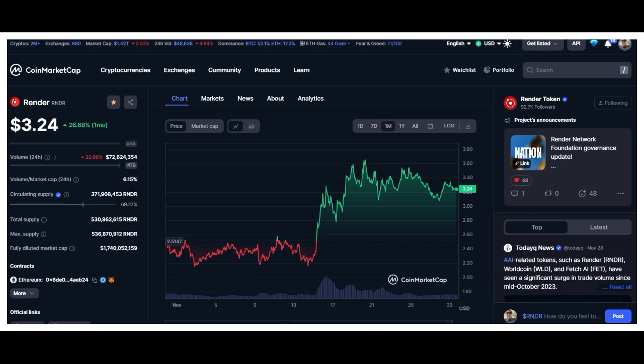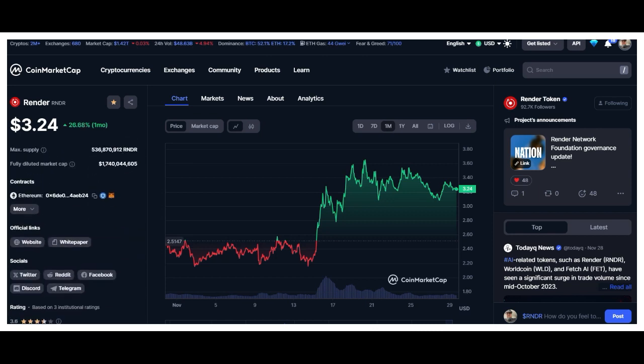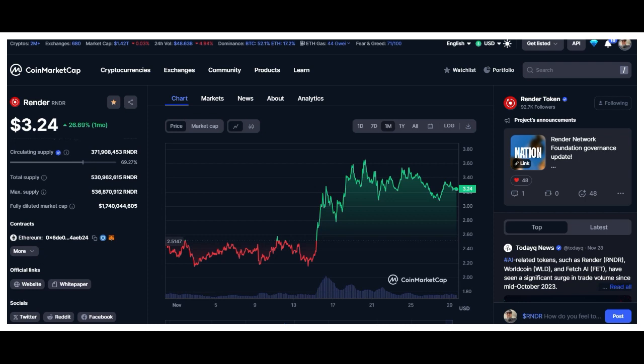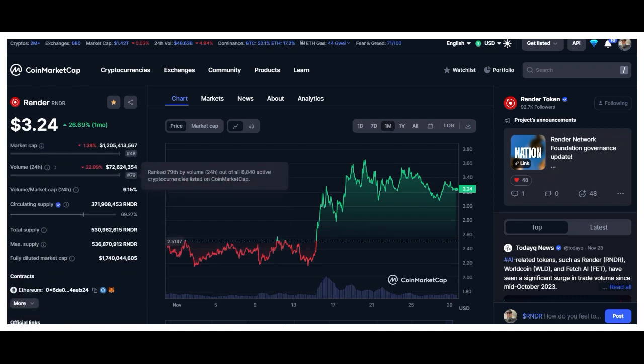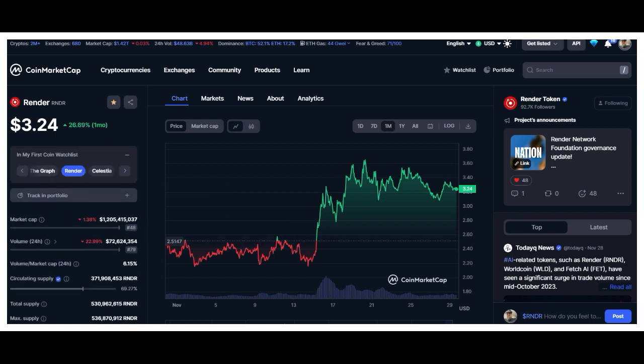Now, here is where I got excited. I just looked at this and I got excited, because here's the deal. If you have a burning mechanism in place, you have a cap of 536 million Render tokens, you're already sitting at about, what, 69% of circulating supply out there. But I get it, these are some expensive tokens right here.